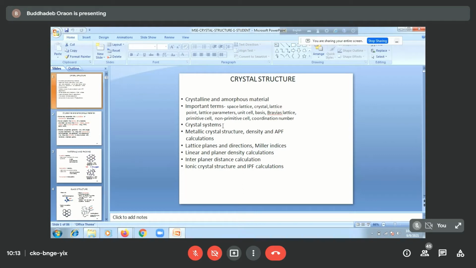Crystal systems and the different types of crystal structures we get based on the crystal systems. Then most important is the metallic crystal structure, their density calculations, APF (atomic packing factor) calculations, and ionic packing factor calculations. Lattice planes and directions, Miller indices.